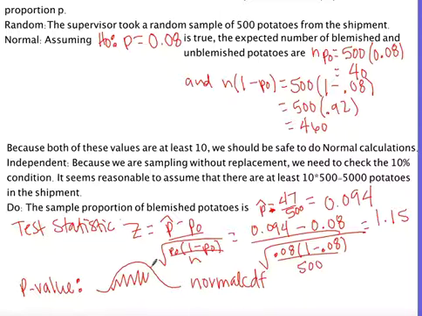Remember that when you do that, you're looking at from a certain place, everything to the left. And so this z that you found up here is where you're looking at. So basically we would be saying this line right here is our z equal to 1.15, and so we're finding this area here. That's how we do the normal CDF. So now we're going to do 1.15 and then 100.